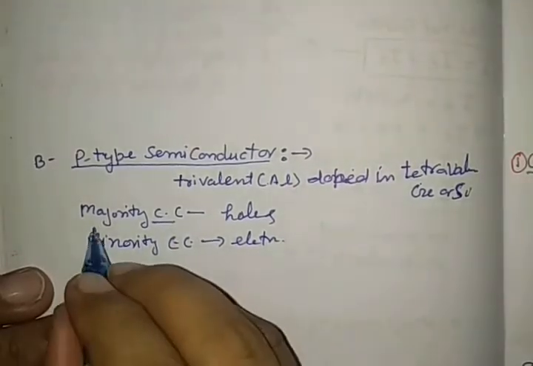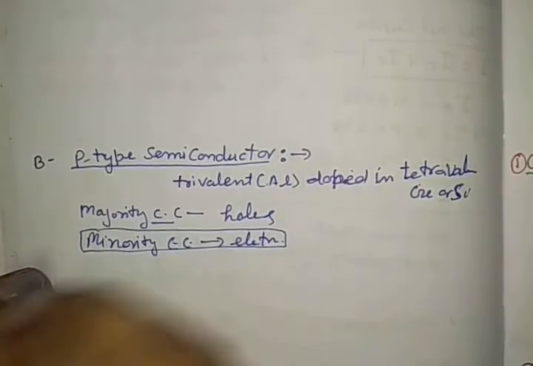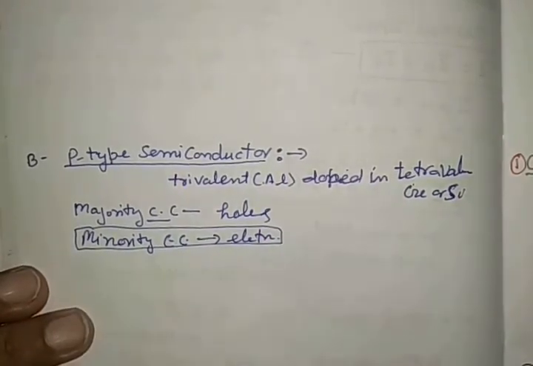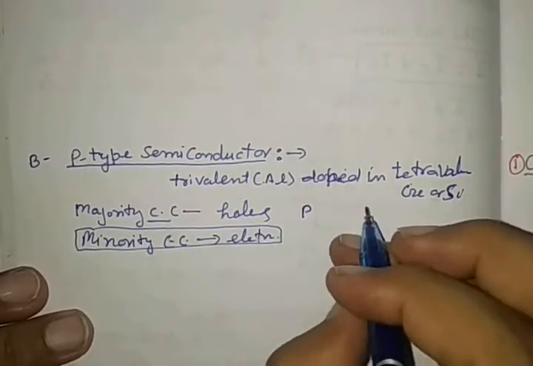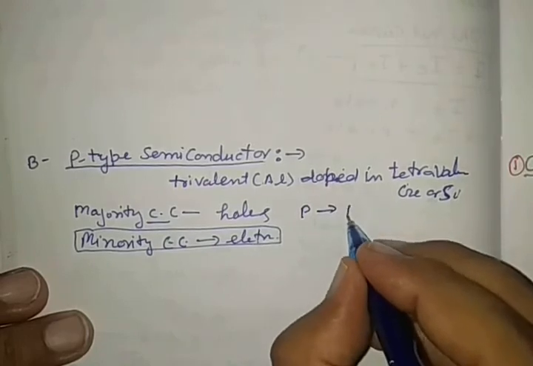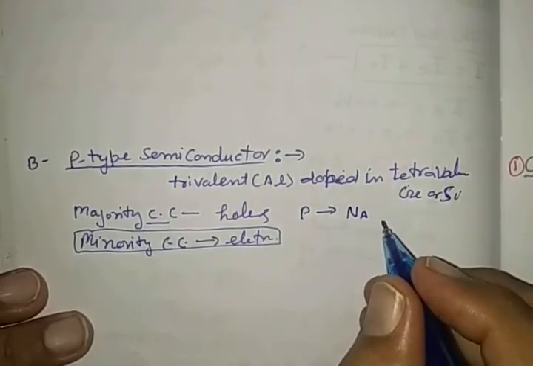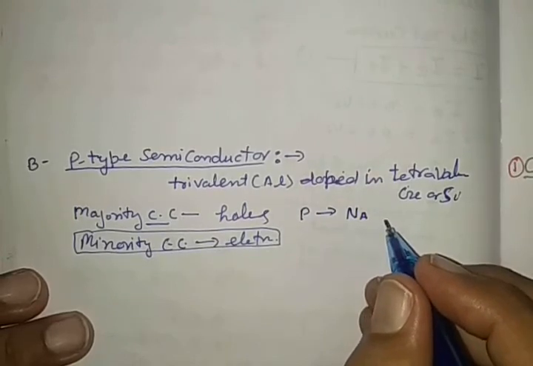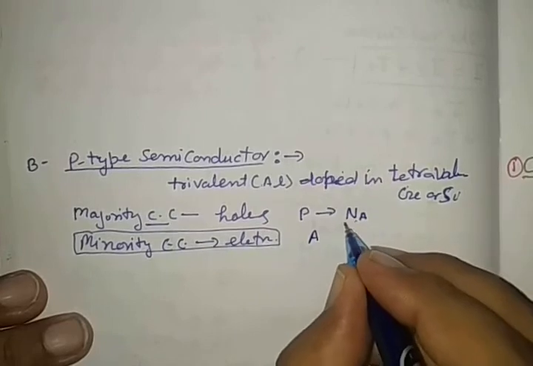So we neglect the electron term in this case, and the number of holes p is replaced by Na, the acceptor concentration.